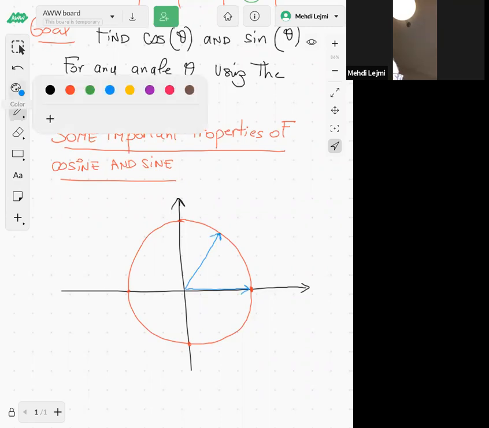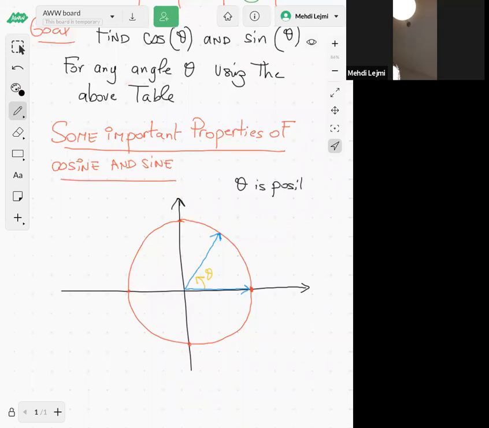So this is my angle theta. This angle theta is a positive angle because it's counterclockwise.